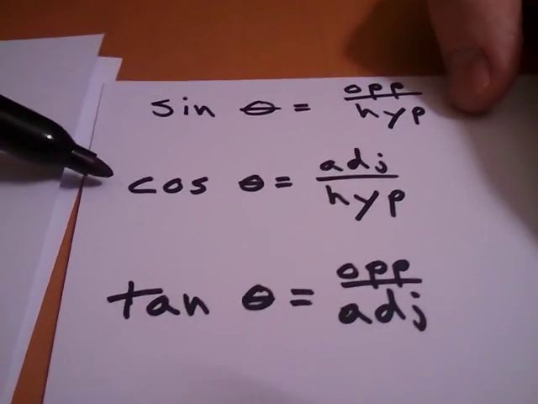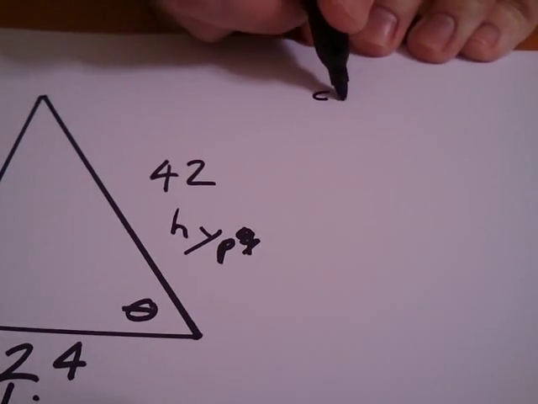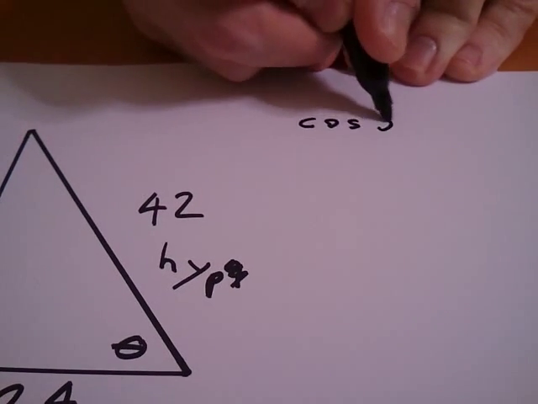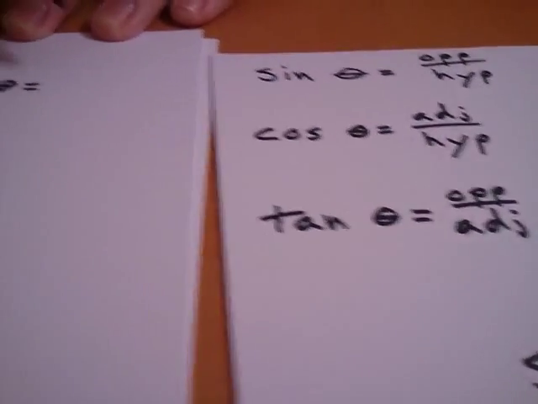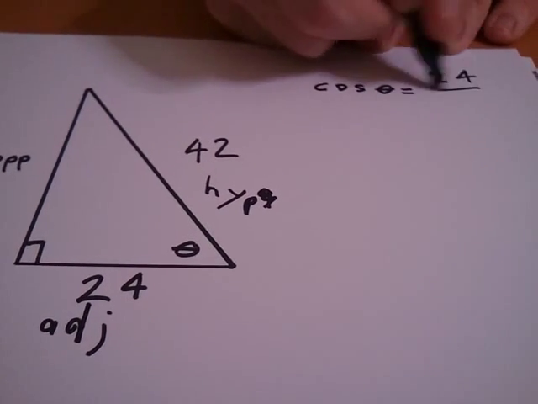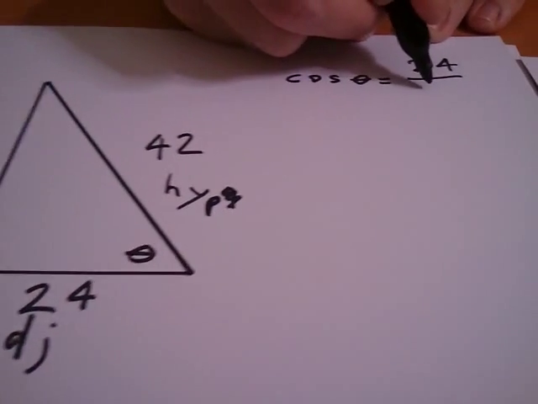Remember, cosine of theta is your adjacent over your hypotenuse. So let's go ahead and set cosine of theta equal to your adjacent, which is 24, over your hypotenuse, which is 42.